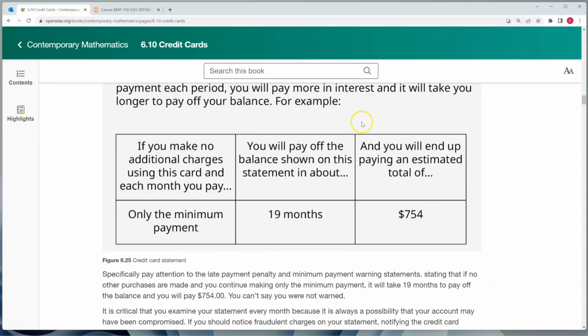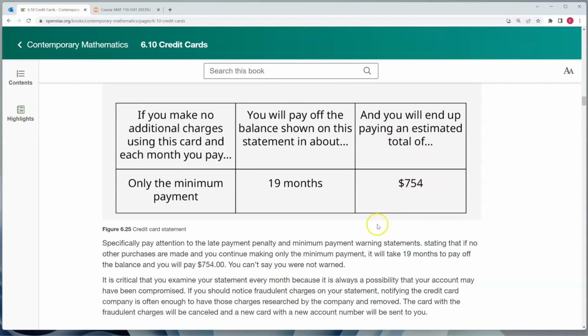Another thing that changed a couple of years ago in federal law is that they have to give you this breakdown for payoffs. And so if you only make the minimum payment every month to pay off this loan, they calculate it's going to take you 19 months to do that. And you'll end up paying an estimated $754 in order to do that.